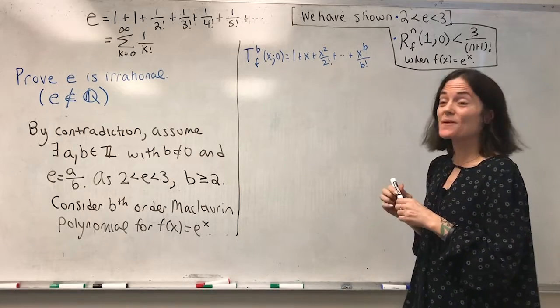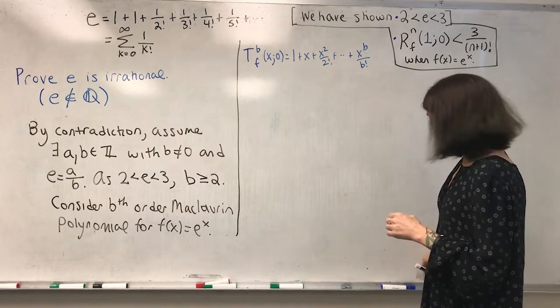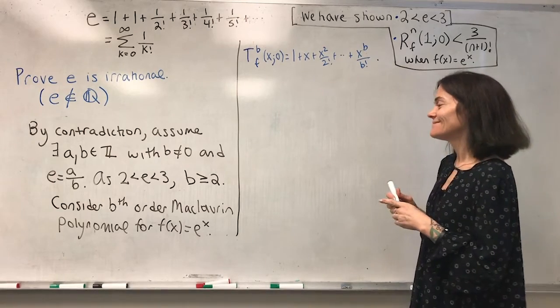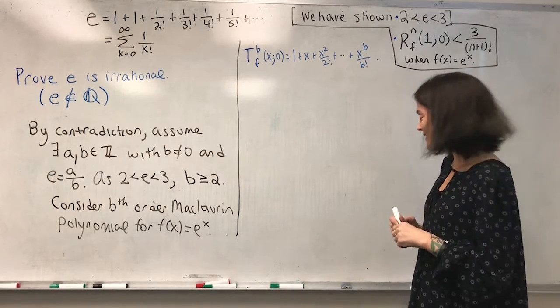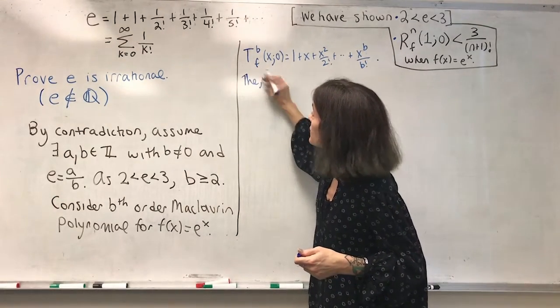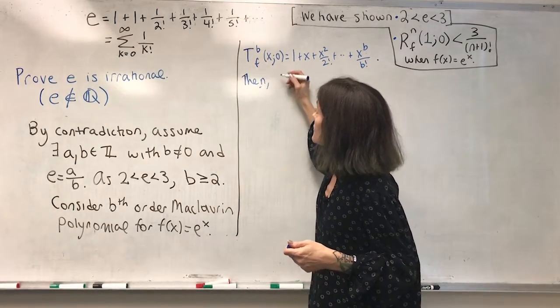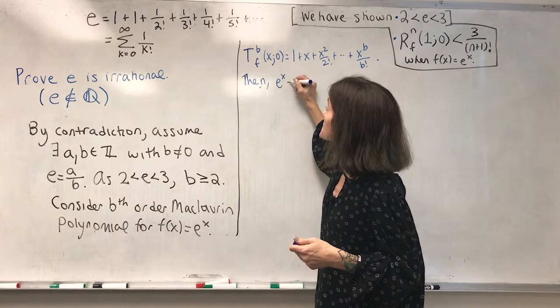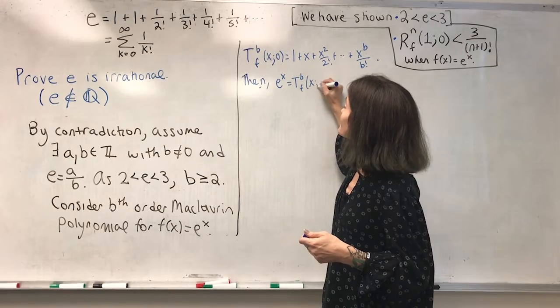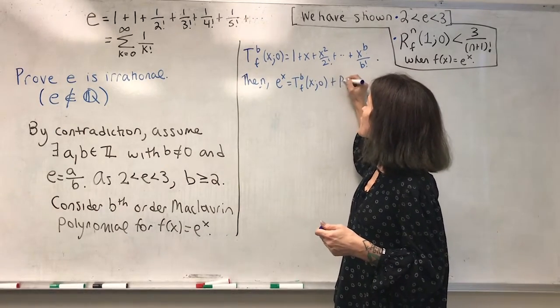Okay, that is what we have shown. Well, this is the bth order Maclaurin polynomial. And then we know, for example, that e to the x is equal to this plus the remainder.